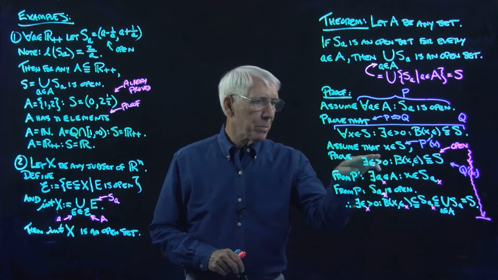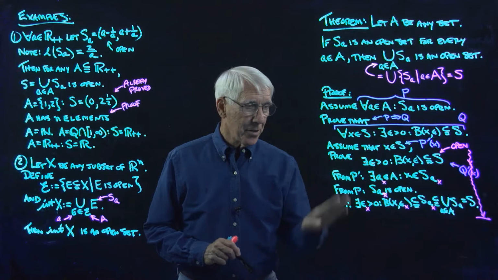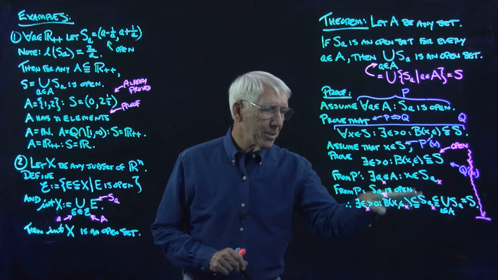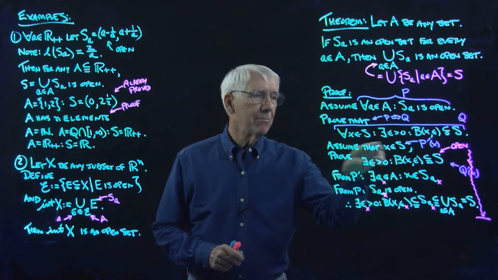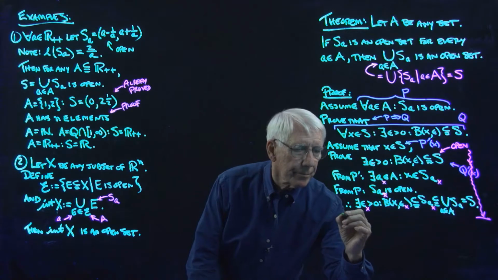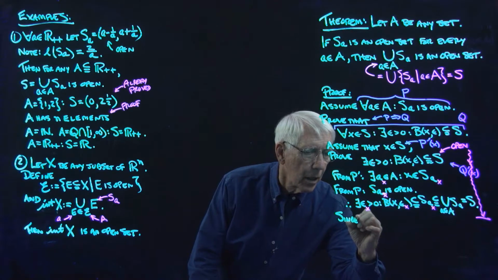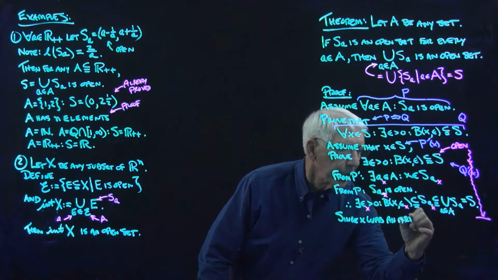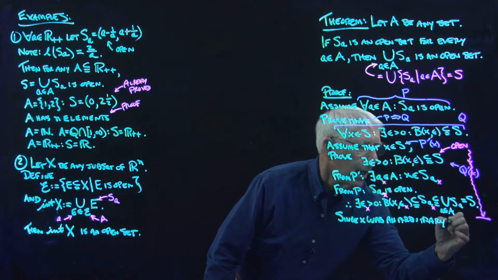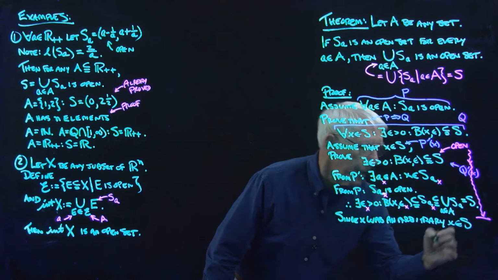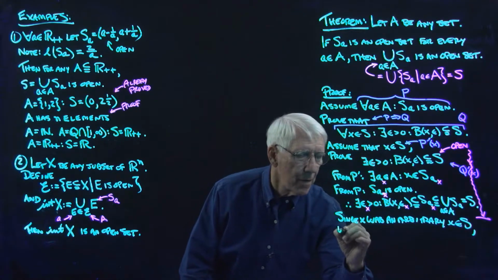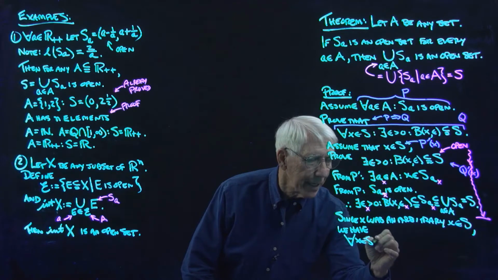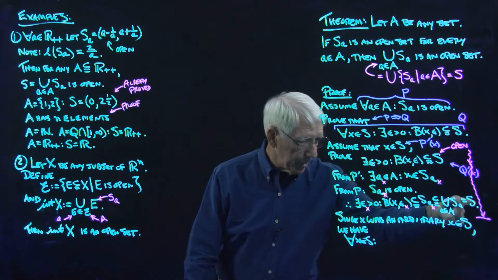But of course, it's a typical or arbitrary x in S. So that means that the open statements that we've got here are going to be true for every x in S. So since x was an arbitrary x in S, so it was arbitrary except that it was in S, we have for every x in S, what we have just done here is true.